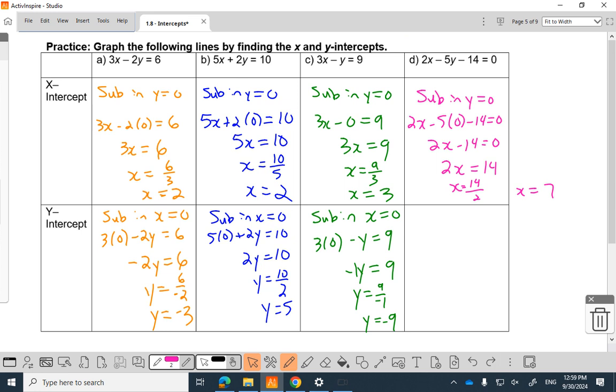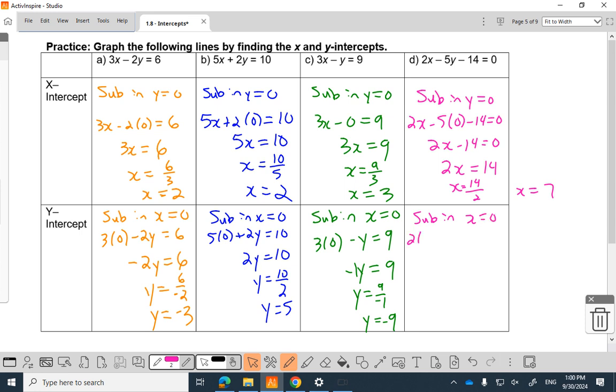To get the y-intercept, sub in what do I sub in to get the y-intercept? 0, for x, good.